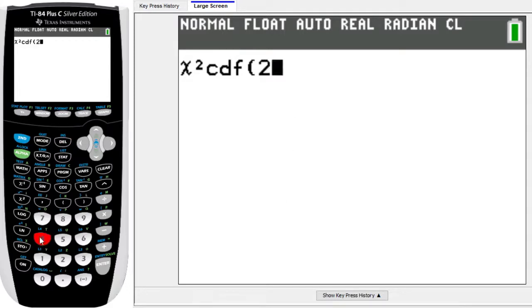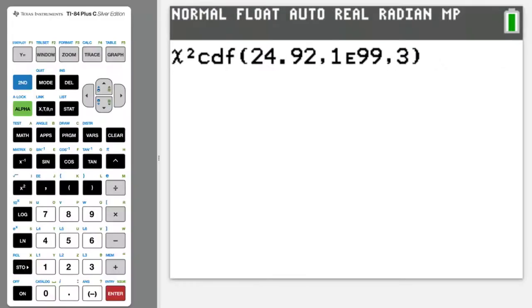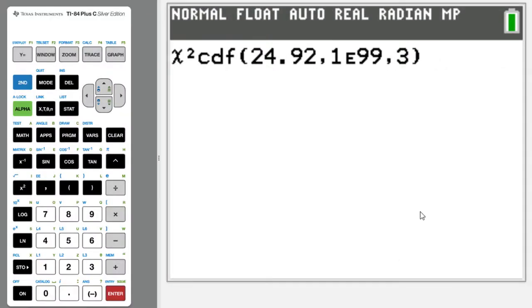So 24.92, and I'm going to put a comma after that. The upper end is 1E99 with another comma and degrees of freedom 3. Then we complete the command with a closing parenthesis. And now let's get to our final value here.